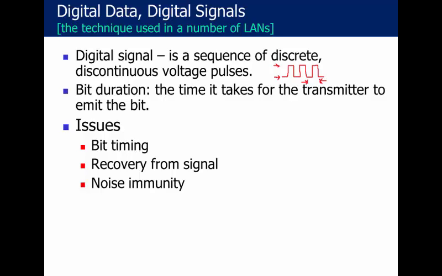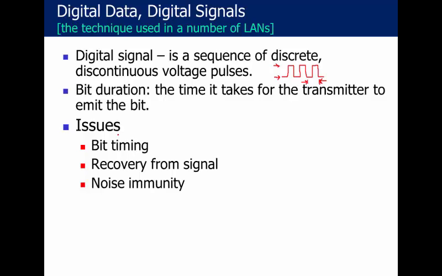Okay. If you're working on Wi-Fi from your laptop, then the laptop has a system clock. Okay. It should also be synchronized. Bit duration is the time it takes for the transmitter to emit the bit.